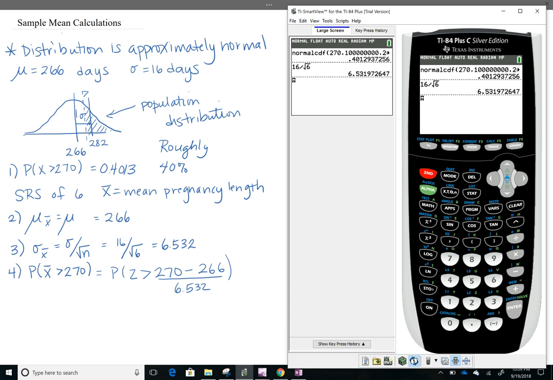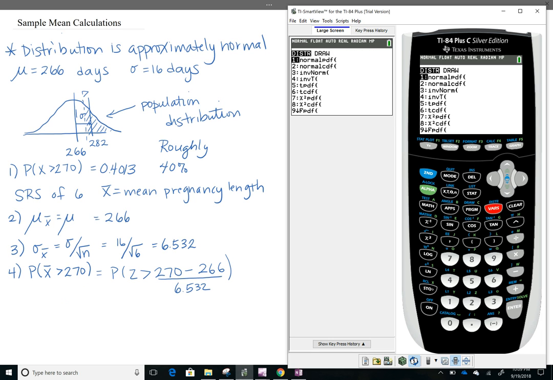I'm going to press second to get my normal CDF, starting at 270, going up to a really large number. My mean is still 266, but my standard deviation is now adjusted for the sample size.